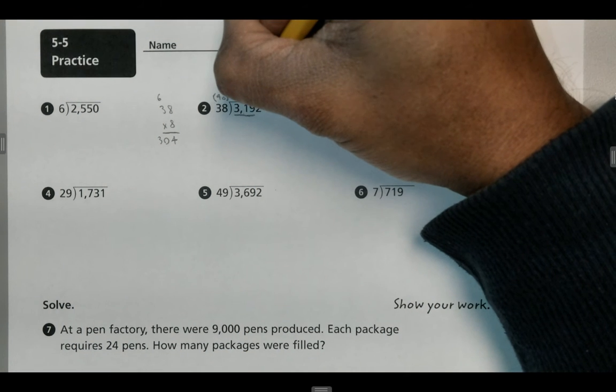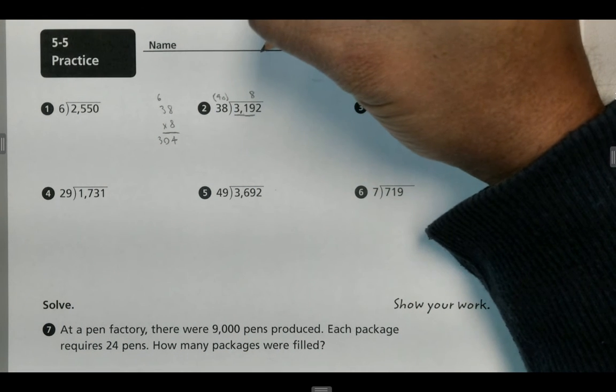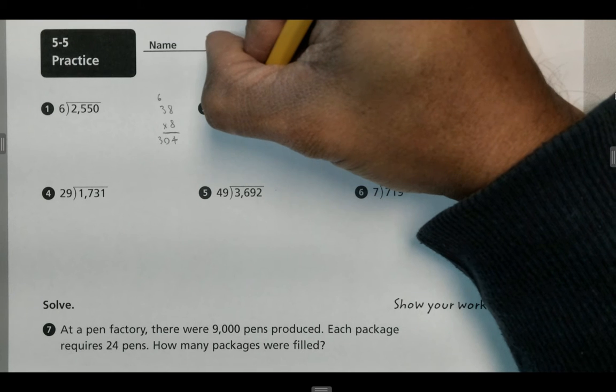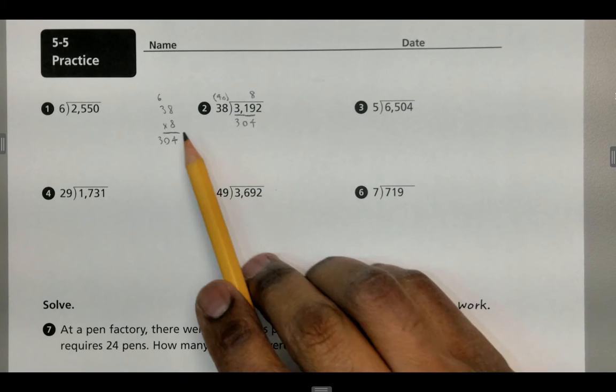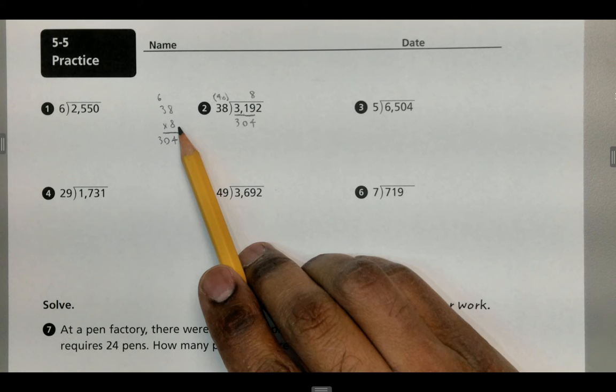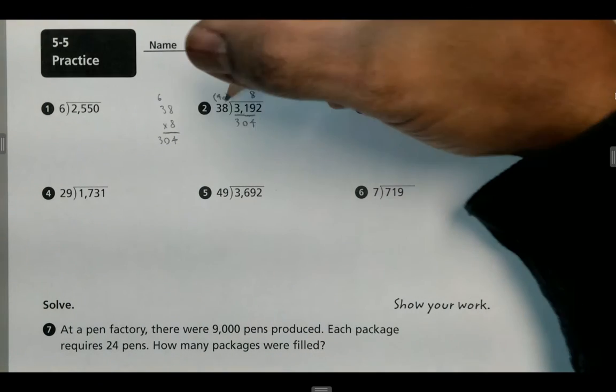So I'm going to line up my 8 right over that 9, copy down 304, because as we showed in our side calculation, 38 multiplied by 8 is 304.